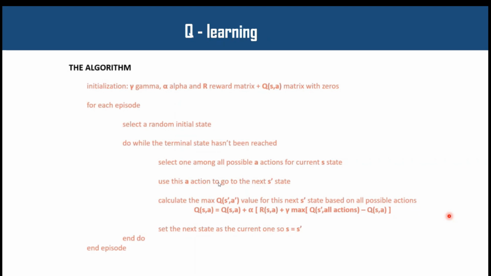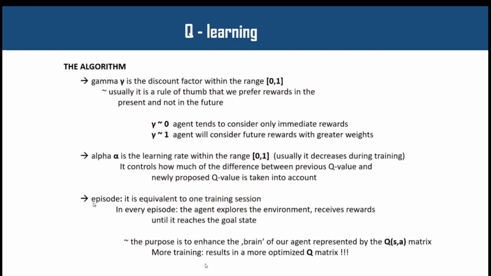So now it is in the next state. The next state is your current state, and so on. It has to do this multiple times to reach the terminal state. So one episode means the agent has to move from the starting point to the terminal point.